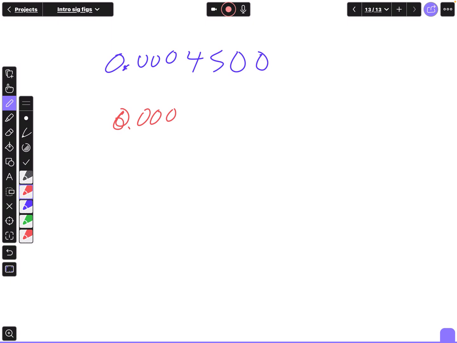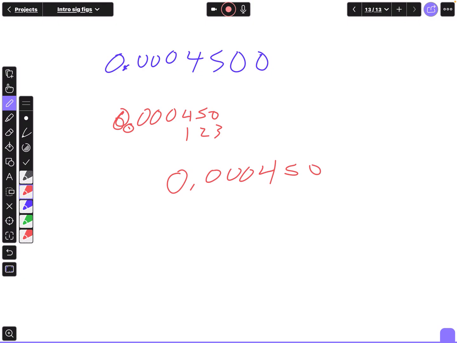Those are not significant, but now I want to round to 3 significant figures: 450. I leave the last 0 on because now with this number I got 1 significant figure, 2 significant figures. So this last 0 is significant because there's a decimal there. So that would be 3 significant figures. So my answer would be 0.000450. That would be that top number rounded to 3 significant figures.